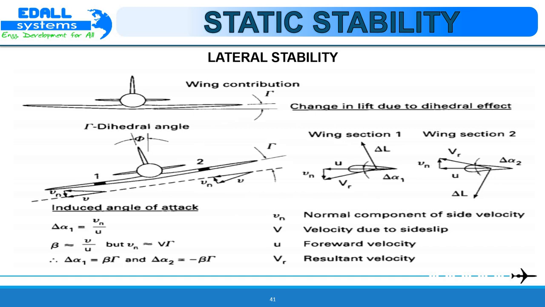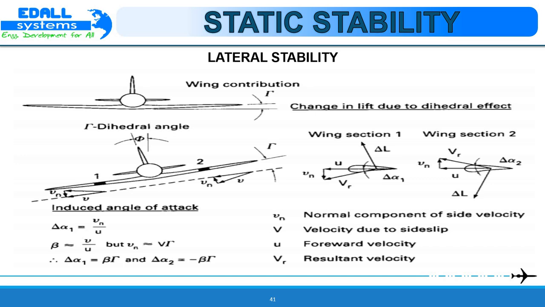In addition, the lift created on the downward moving wing is created by the change in angle of attack produced by the side slipping motion. If we resolve the side slip velocity component into a component along the normal to the wingspan, the local change in angle of attack can be estimated as delta alpha equals Vn by U, where Vn equals V sine gamma.